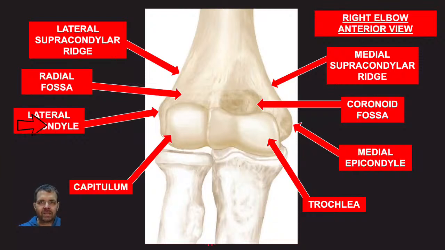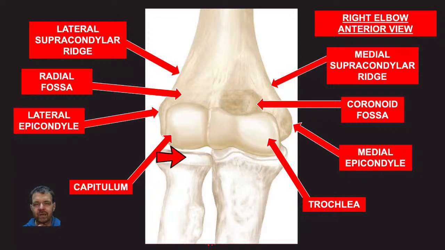That's on the lateral epicondyle, where some other muscles will attach, and we'll have a look at what those muscles are and specific points as well. This area here is where the radial head will articulate with, where it will join with, and that is the capitulum.